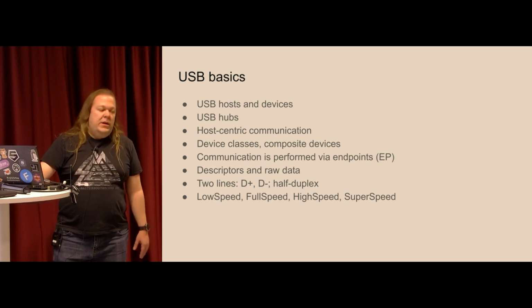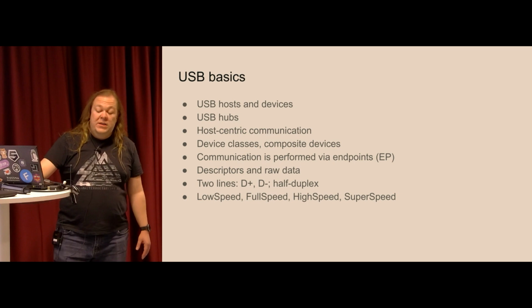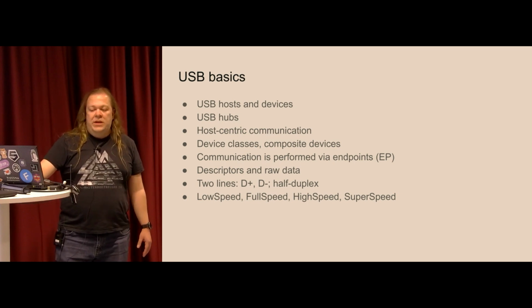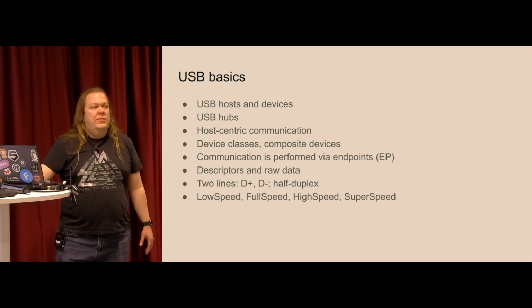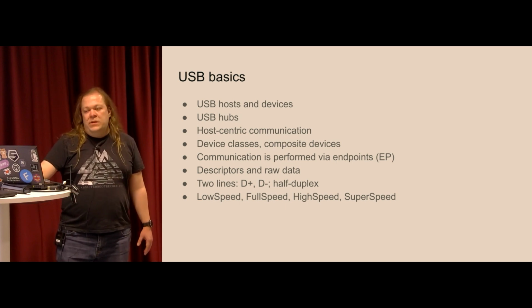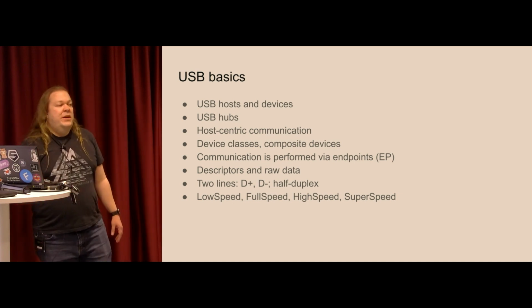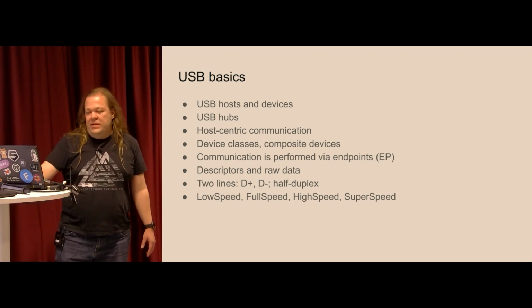And on the physical level, USB is just two lines, at least up to high-speed USB. It's just D plus, D minus, half duplex, which basically means that you cannot send and receive at the same time. So the overall bandwidth you have is divided between in and out transactions. And we have different speed grades, like low speed, which is, I guess, extremely uncommon nowadays, and I don't really know if there are even devices on sale.